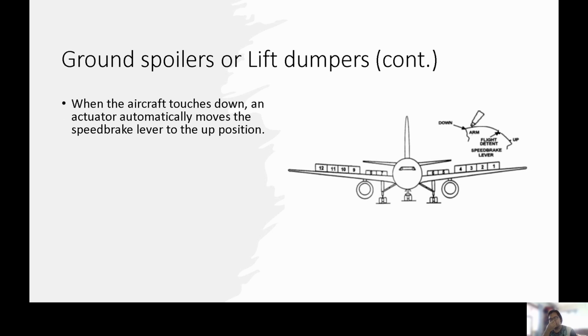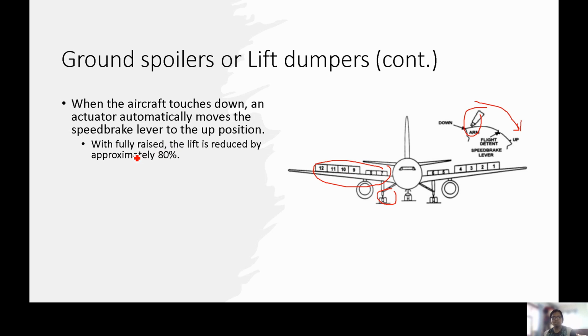When the aircraft touches down, the actuator automatically moves the spoiler brake lever to the up position. So when the sensing device is triggered, this lever is automatically pulled, not by the pilot but by the system, to the up position, which is the maximum angle for both the flight spoilers and ground spoilers.